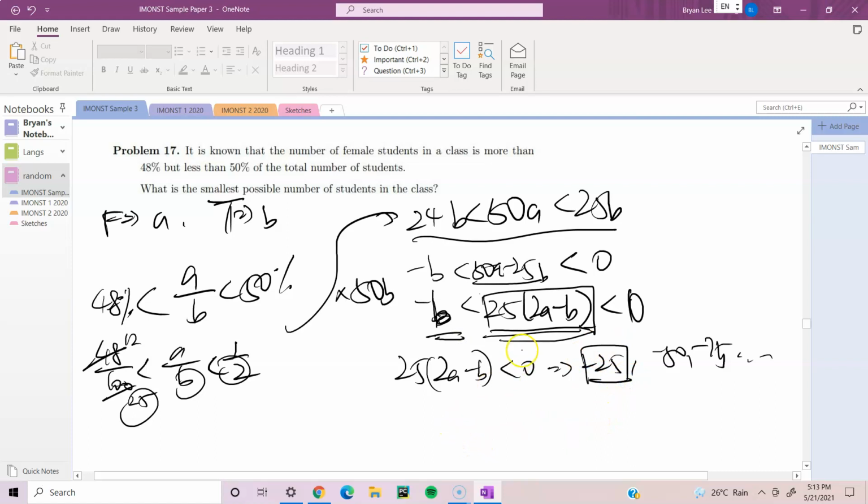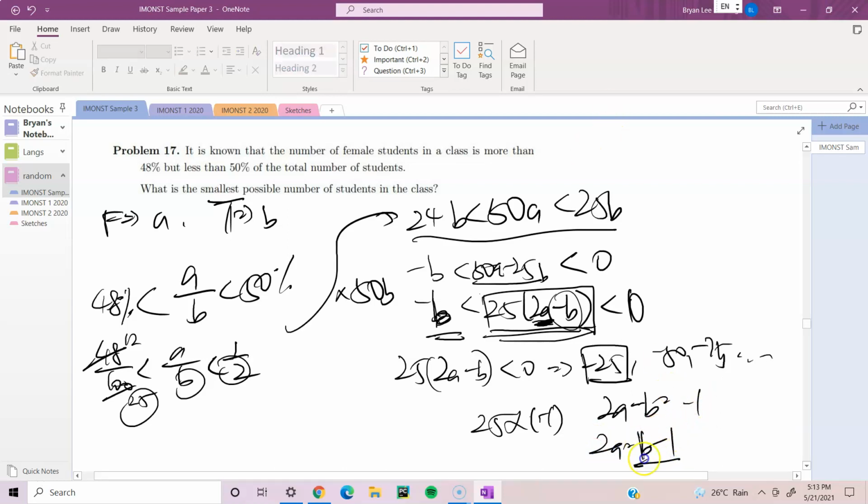Now, since this is obviously an even number, if we want to get a negative 25, which is 25 times negative 1, so 2a minus b is of course negative 1, 2a equals b minus 1, right?